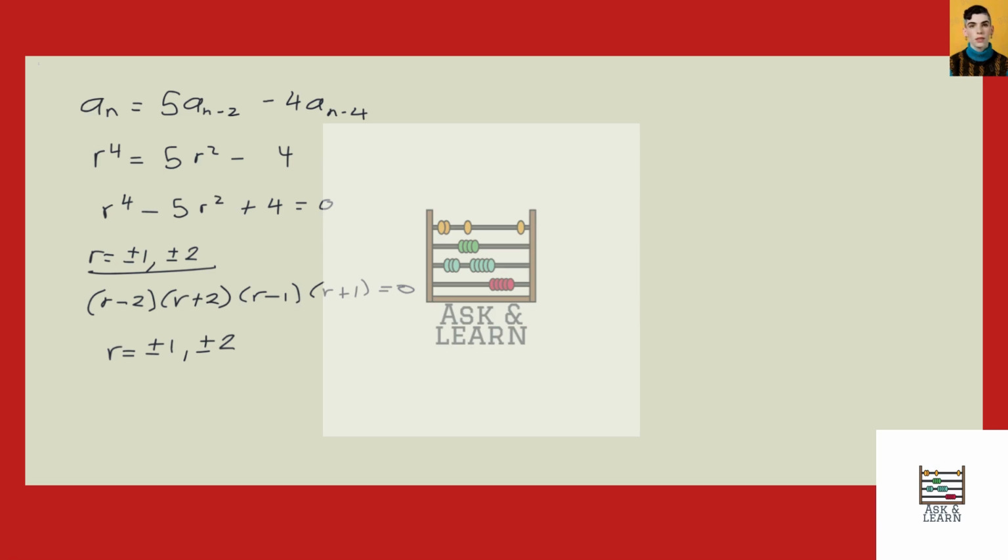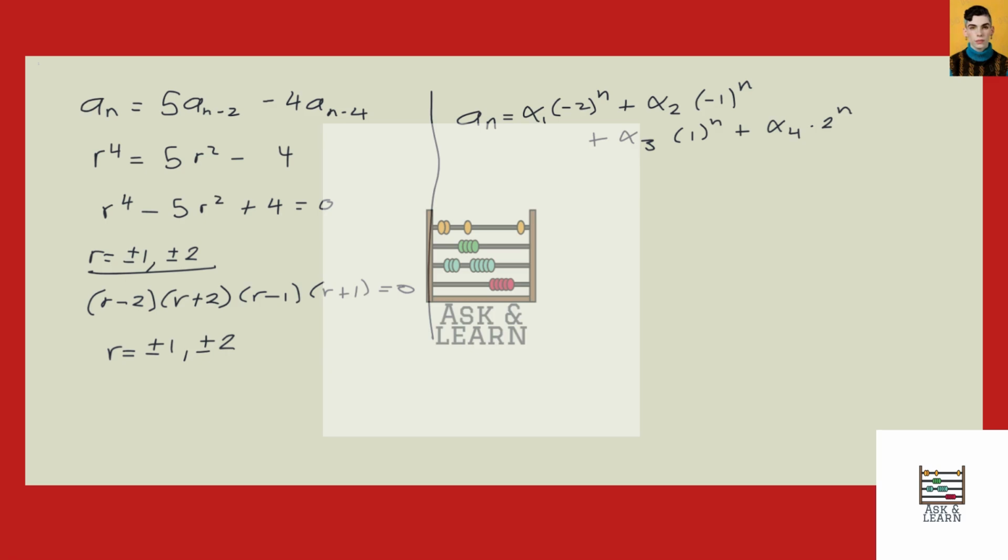Now we want to solve the recurrence relation. So our relation is then a_n equals some constant alpha 1 times minus 2 to the n, plus alpha 2 times minus 1 to the n, plus alpha 3 times 1 to the n, plus alpha 4 times 2 to the n.